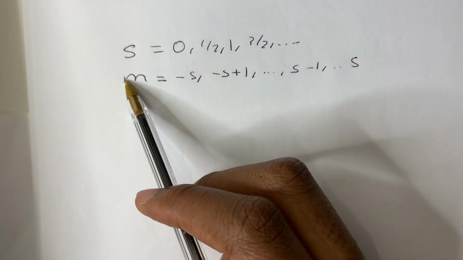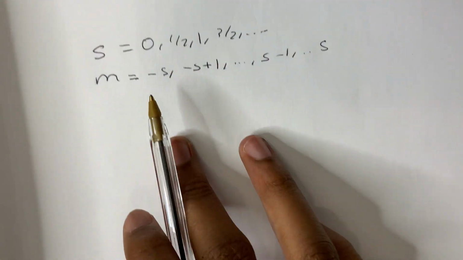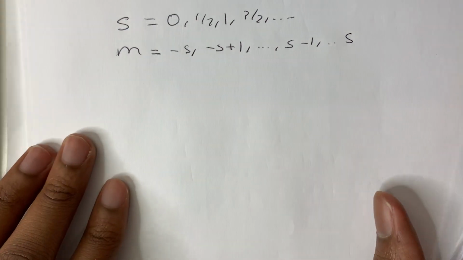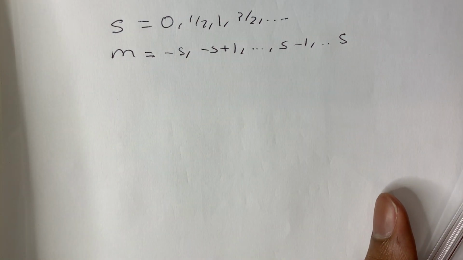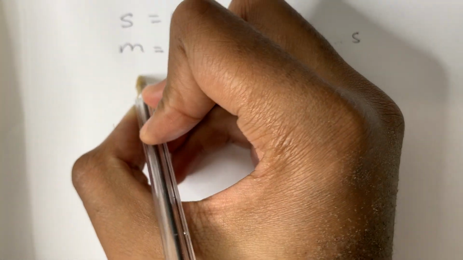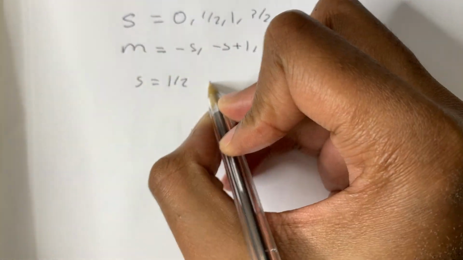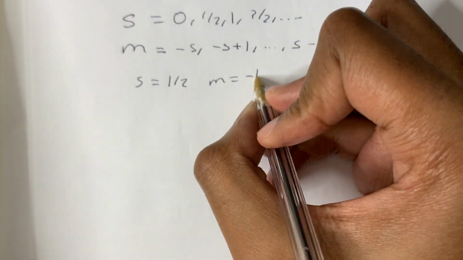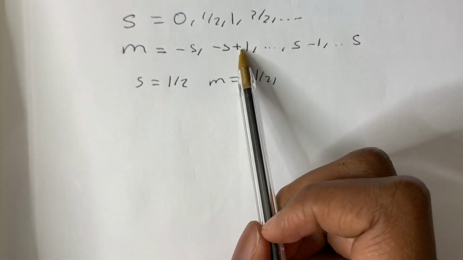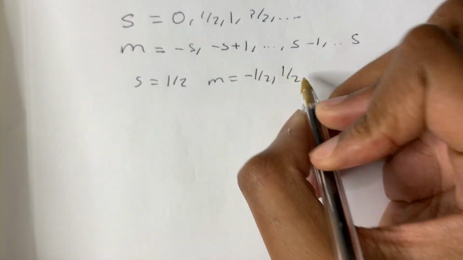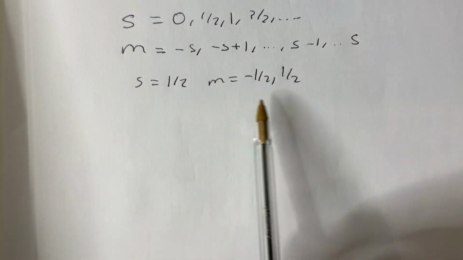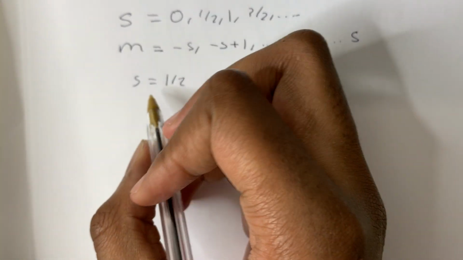Okay, and m is the angular momentum quantum number, and s is the spin quantum number. All right. So we see that m is kind of constrained by what s is. For example, say s is 1/2. M can take on values of minus 1/2, then minus 1/2 plus 1, which is just 1/2. And since we've reached s, we can't have any more values of m.